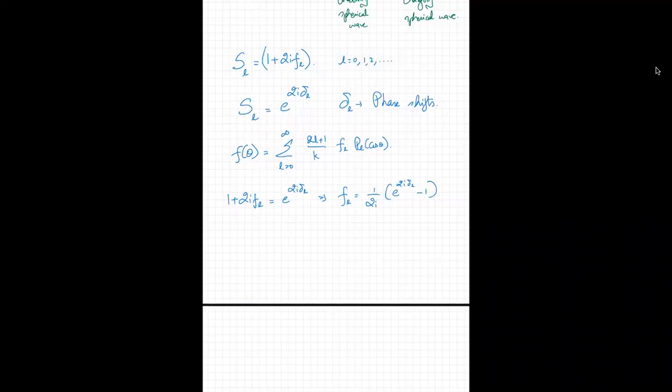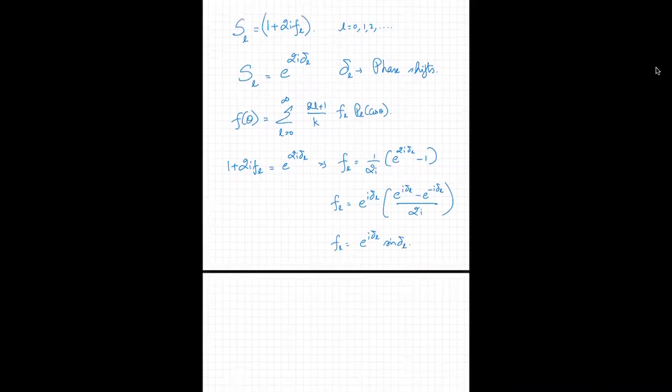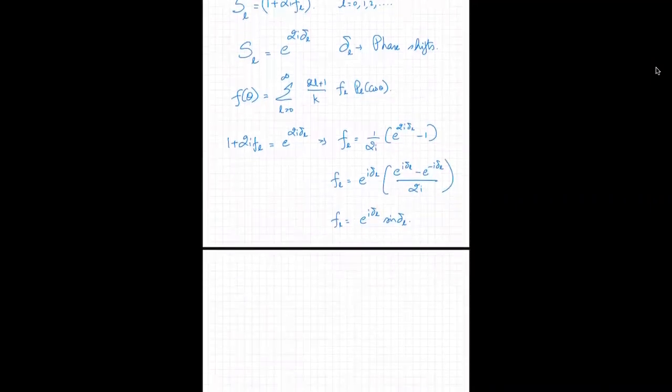If I pull out a factor of e to the i delta_L from this, I can write this as e to the i delta_L times e to the i delta_L minus e to the minus i delta_L over 2i. So f_L can also be written as e to the i delta_L times sine delta_L, because the parenthesis is sine delta_L, the definition of sine.